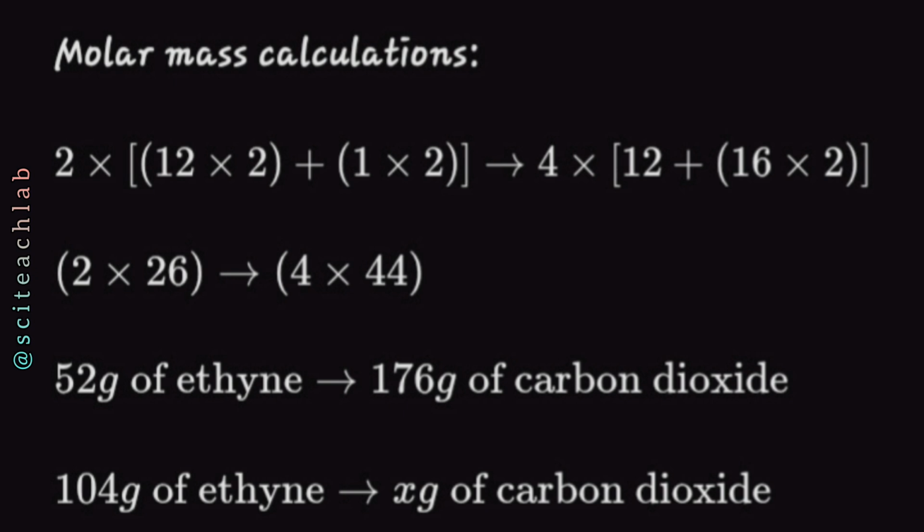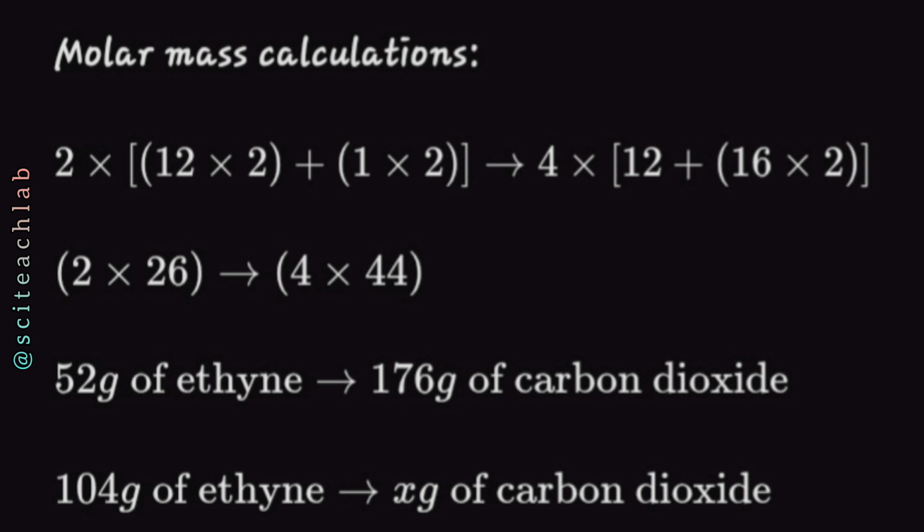If we do that, 4 into 12 plus 16 times 2, we'll find that we have 176 grams of carbon dioxide.